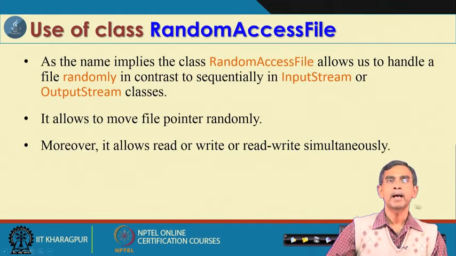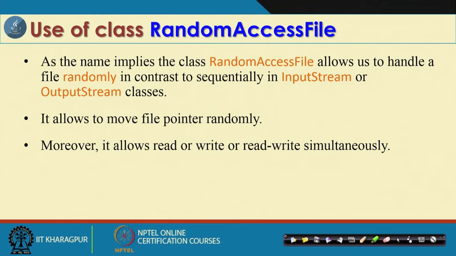As the name implies, random access means that we can move the file pointer according to our own requirement. This is the main difference between stream classes like input stream and output stream that we have already learned, and the random access mechanism.